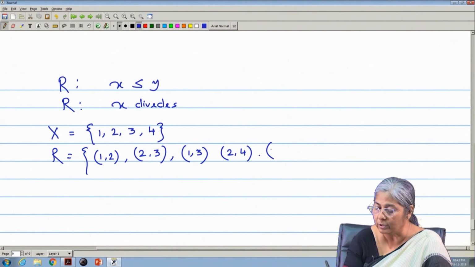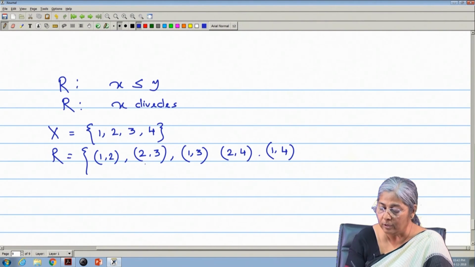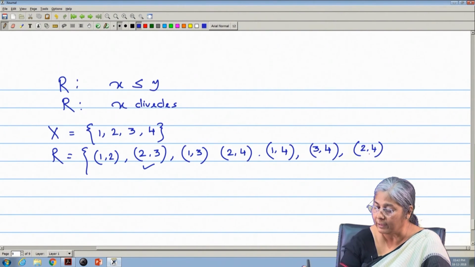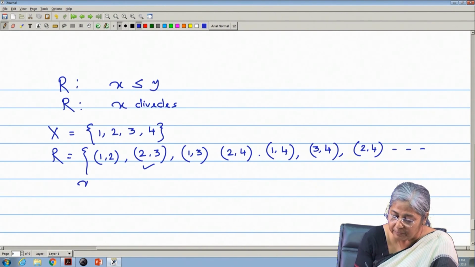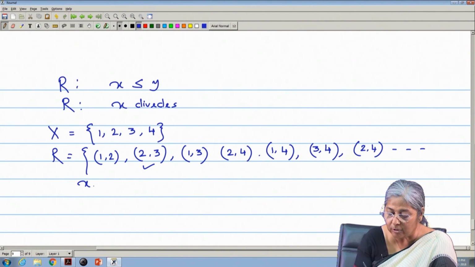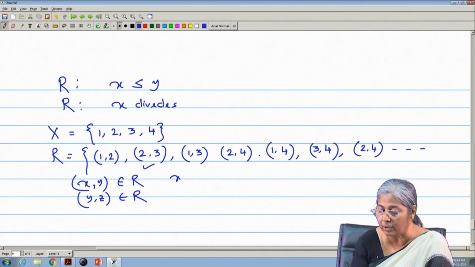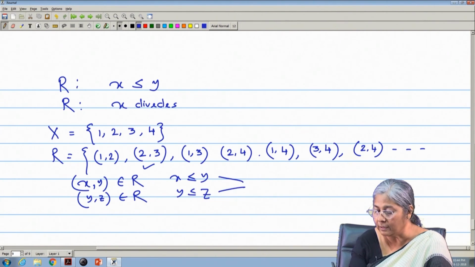It means that if x y belongs to R and y z belongs to R, then because x is less than equal to y and y is less than equal to z, we get x less than equal to z.